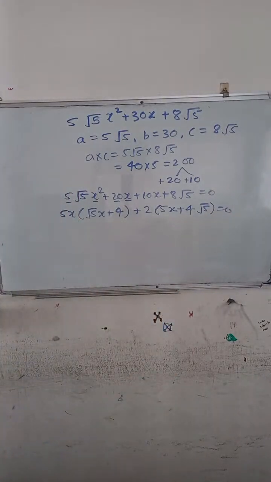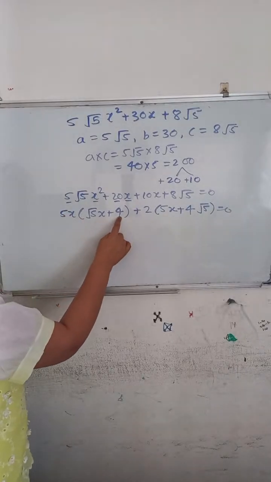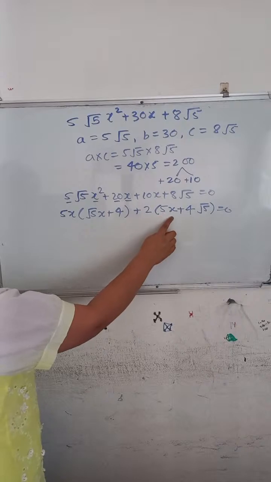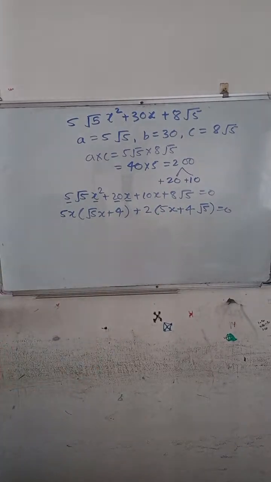Now are the roots correct here? Your answer is correct, because here we have root 5x plus 4 and here 5x plus 4 root 5.